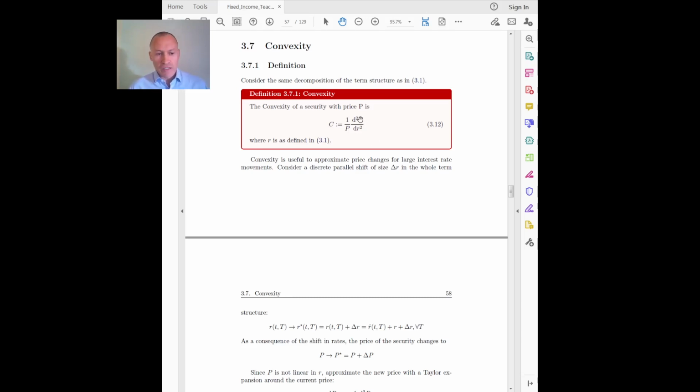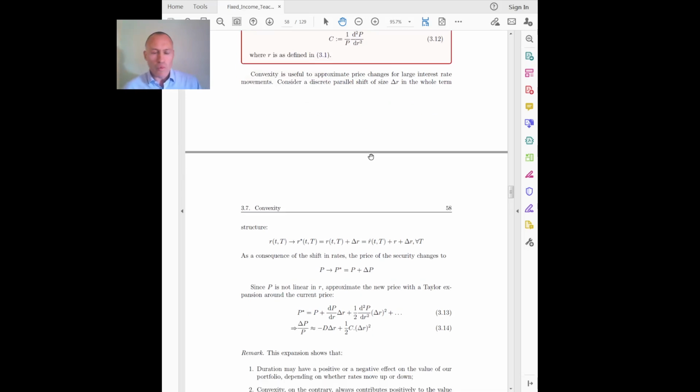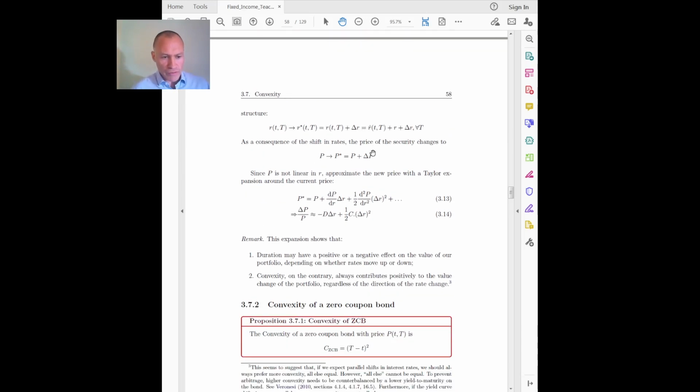Again, the convexity is the second derivative, and similar to what we did with duration, we divide by the price just for convenience, for historical reasons. The important thing in all these concepts of duration and convexity is always this idea of derivative. So why do we want to use convexity?